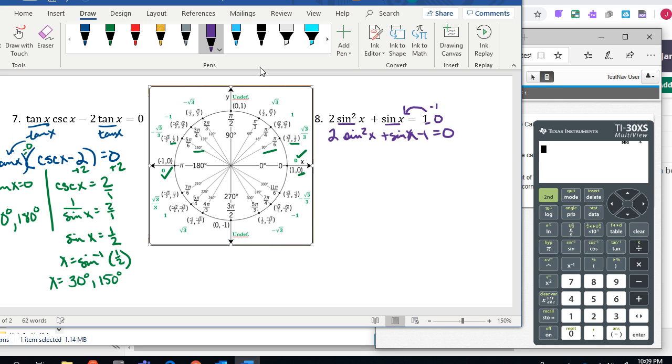Now I have my 3 parts, and this is where I want to let n equal sine x. So now it looks like 2n squared plus n minus 1 equals 0. Set up my diamond. AC goes on top, which is -2. B goes on the bottom, which is 1.